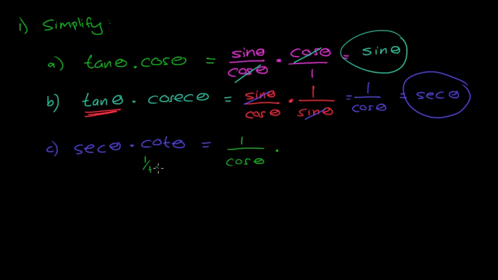Remember that other identity where we said that tan theta is sine theta over cos theta, but cot theta is a reciprocal of tan theta. So if this is my tan theta, the reciprocal of that would be cos theta over sine theta.